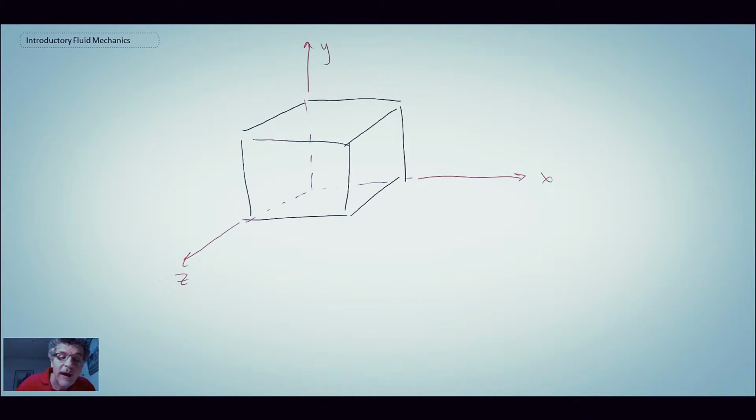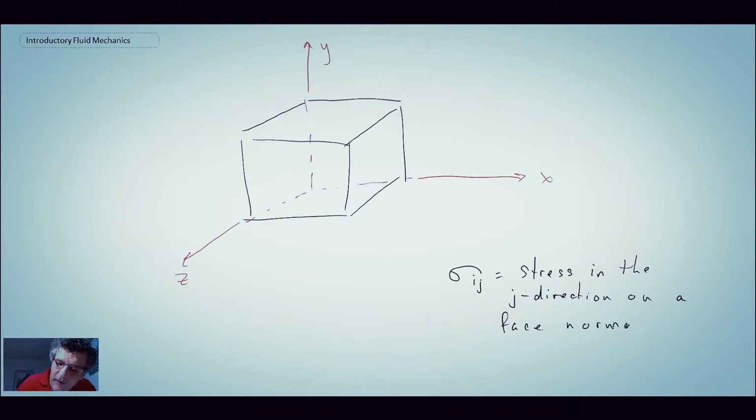Now, we had our stresses denoted by sigma ij, and what this means is stress in the j direction on a face normal to the i-axis. So let's take a look at what that might mean.